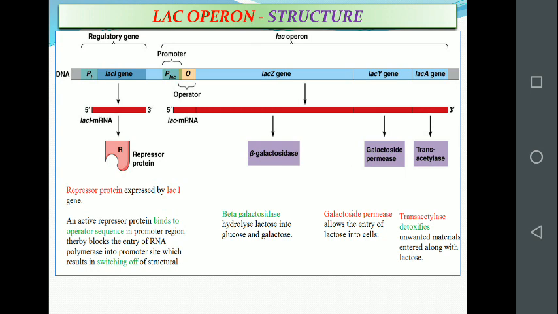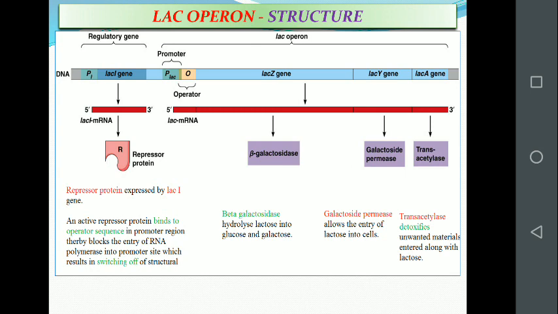In the earlier case, the repressor is already bound to the operator site in the absence of lactose. Now lactose or allolactose comes and binds to the repressor which already occupies the operator site. Once it binds, the conformation of the repressor changes, and the repressor dissociates from the operator site.